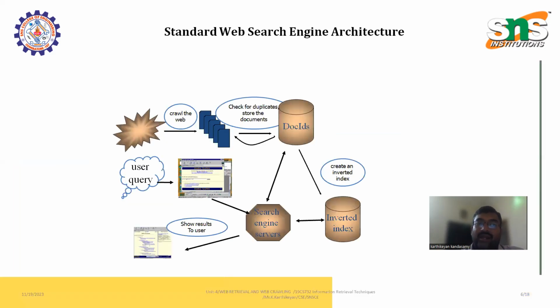This is a standard web search engine architecture. It crawls the web, checks for duplicates, stores the documents, and handles the user query. Suppose I type google.com; first we go to the search engine, which is the server, and it sends to the inverted index and another to the document ID.